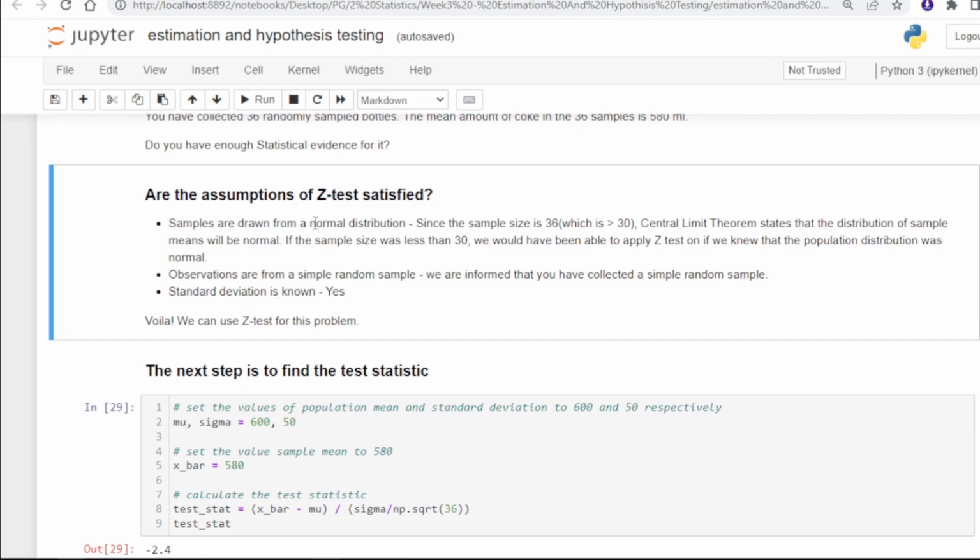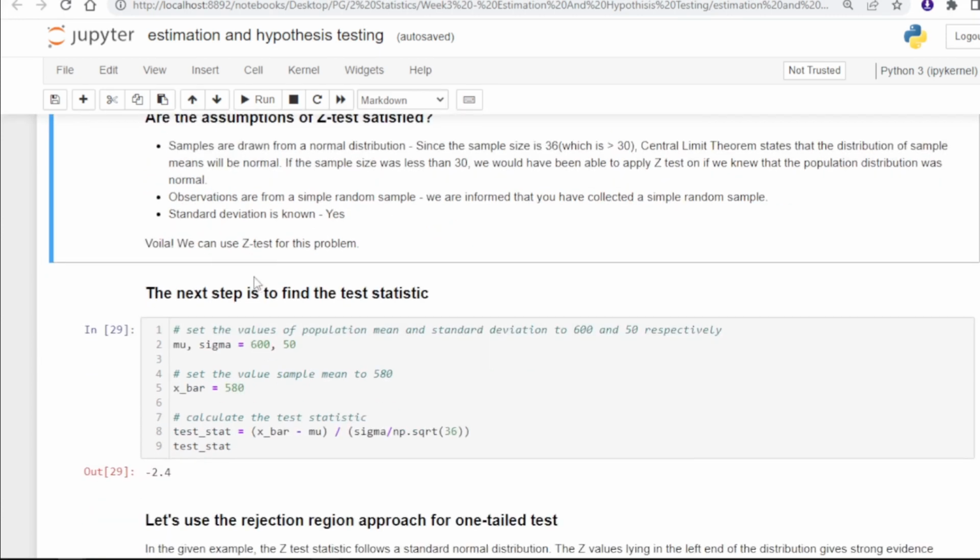Again, are the assumptions of the z-test satisfied? The samples are drawn from a random distribution, and since the sample size is 36, which is again greater than 30, the CLT states that the distribution of sample means will be normal. If the sample size was less than 30, we would not have been able to apply the z-test unless we knew that the population distribution was normal.